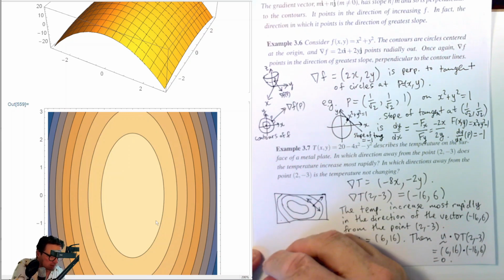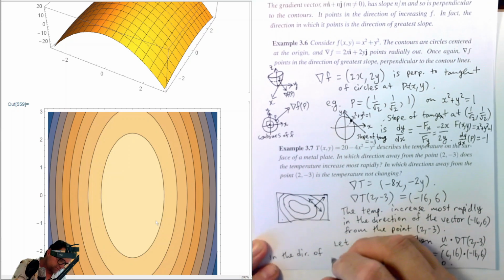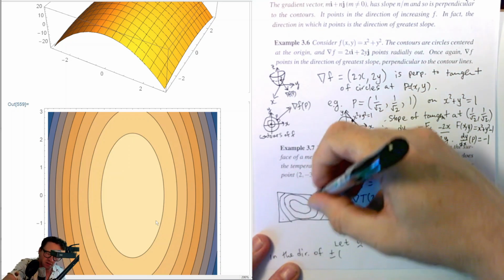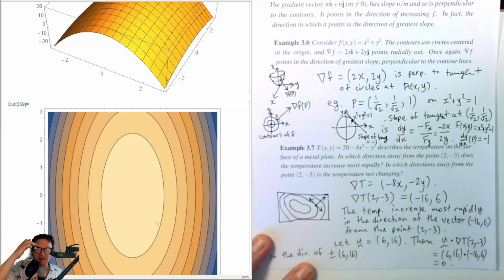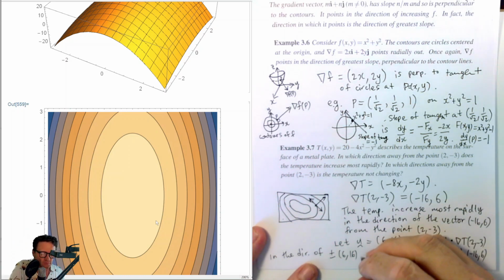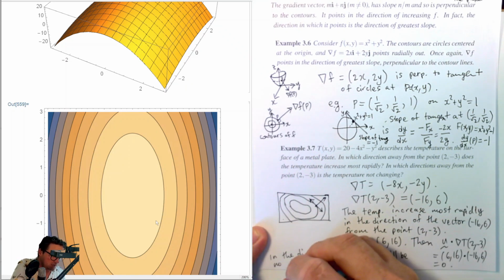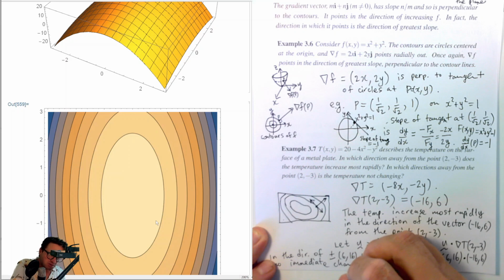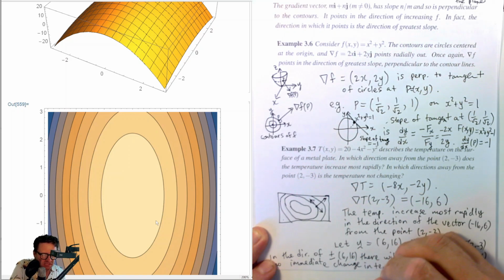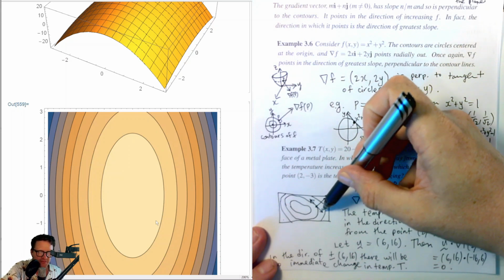Okay, so in the direction of plus or minus, because you could go either way, (6, 16), or any scalar multiple of it, there will be no immediate change in the temperature T. Right, and I say no immediate change because look, if you keep going in that direction, you end up on a different isotherm, right?